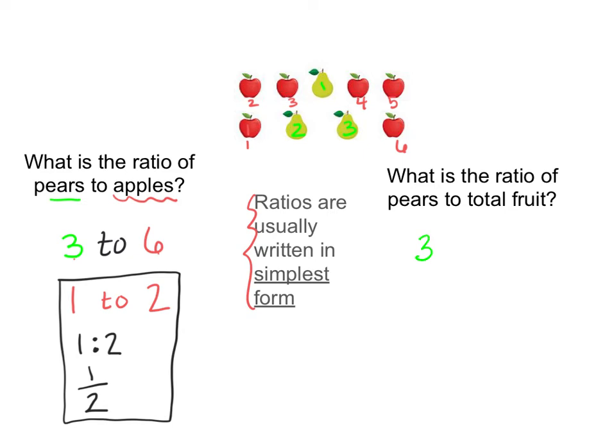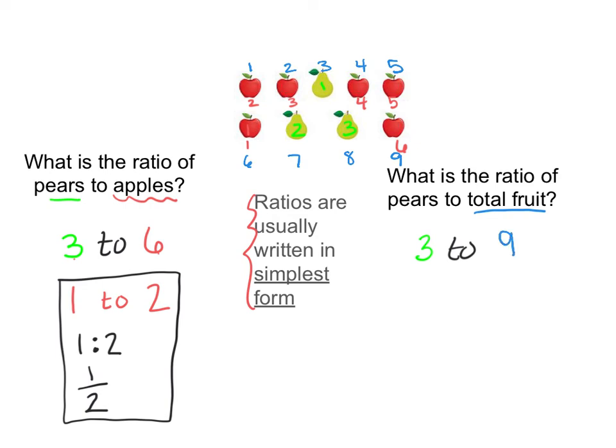And then total fruit, we have to count. So we have 1, 2, 3, 4, 5, 6, 7, 8, 9. So we have 9 total fruit, so I'm going to put 9 there.